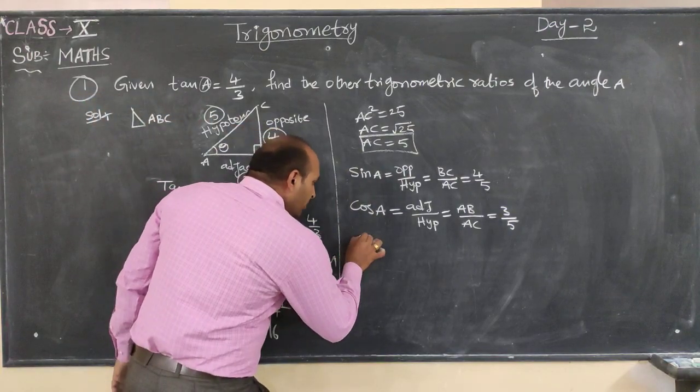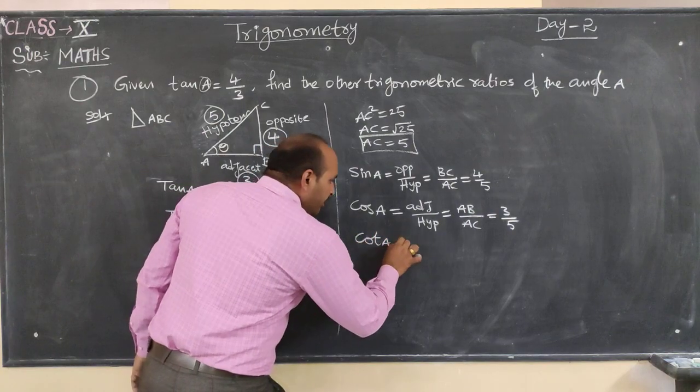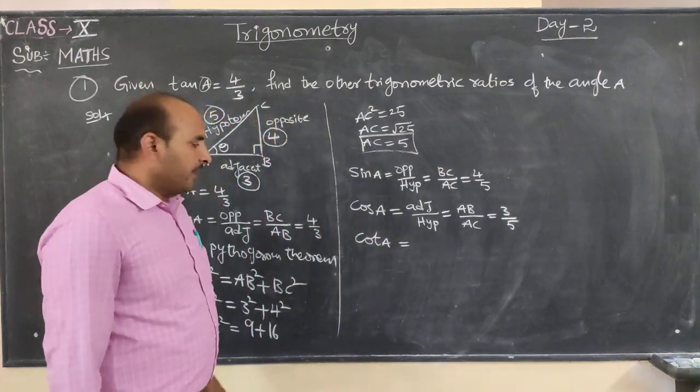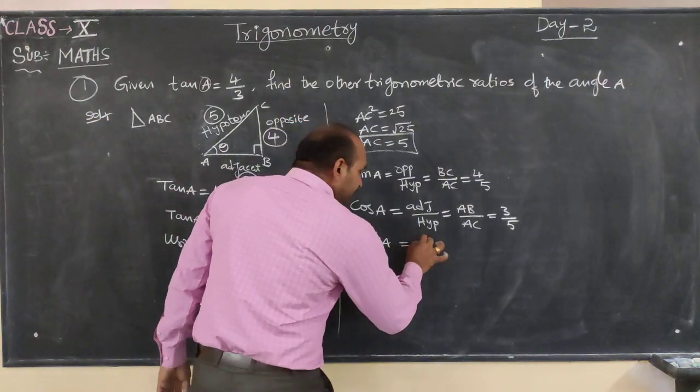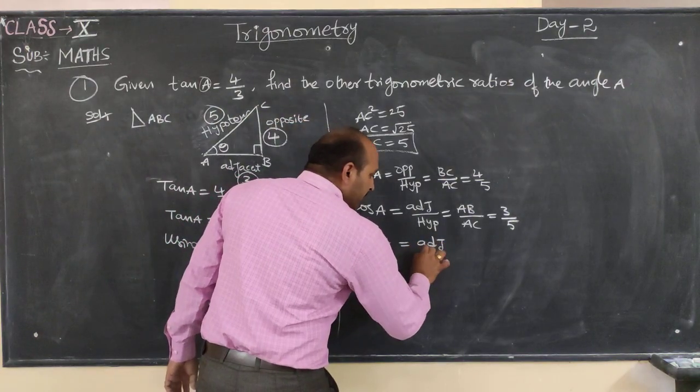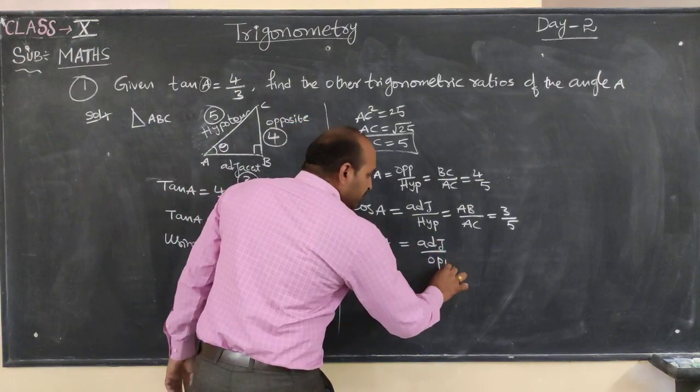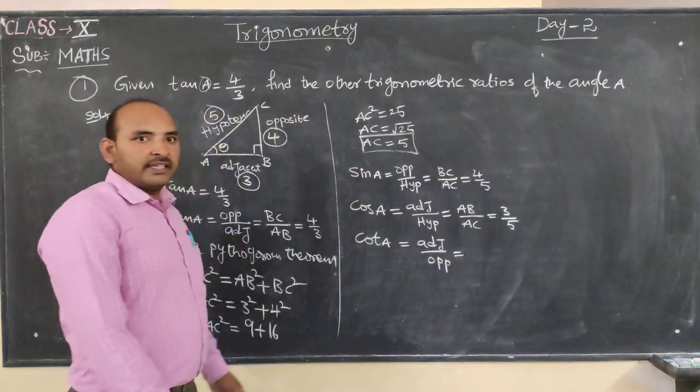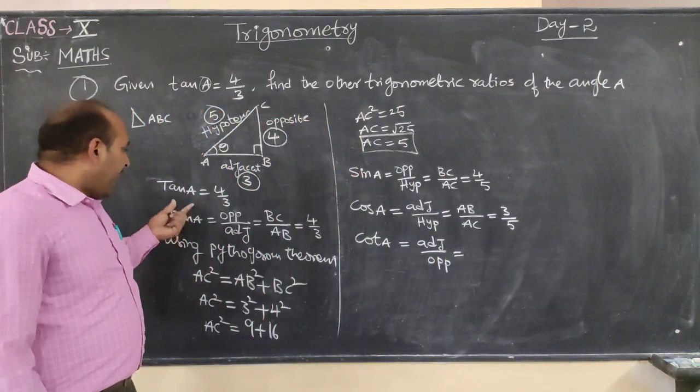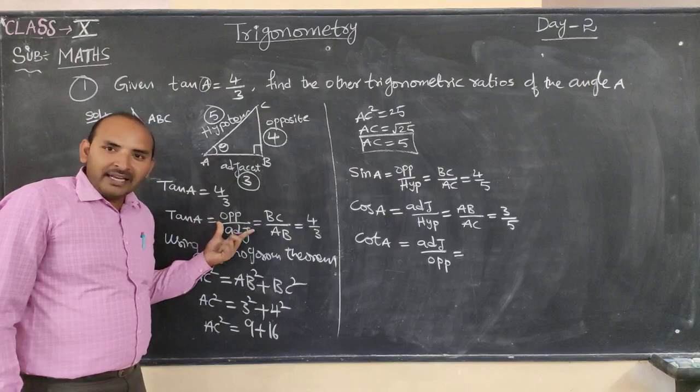Next one, cot A. Cot A is nothing but 1 by tan A, or simply you can write adjacent side by opposite side. Tan A formula is opposite side by adjacent side.